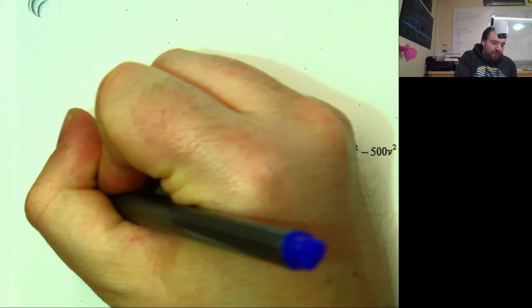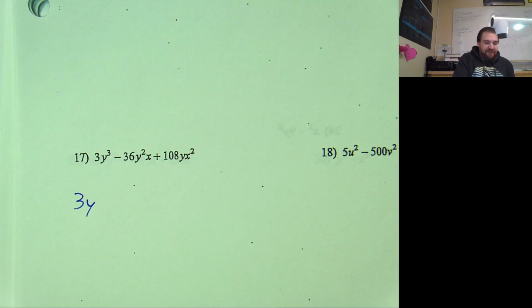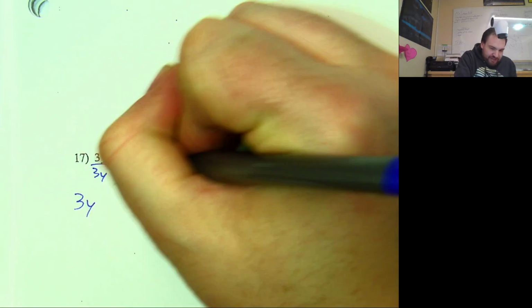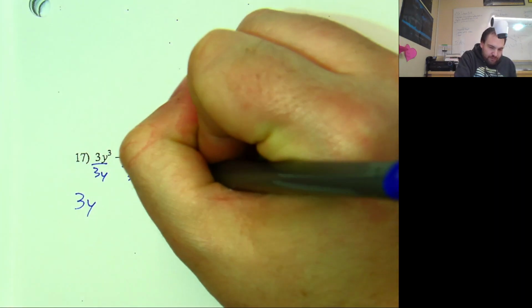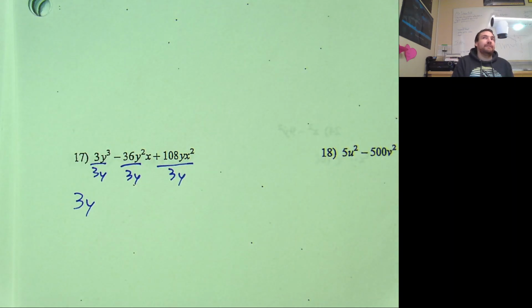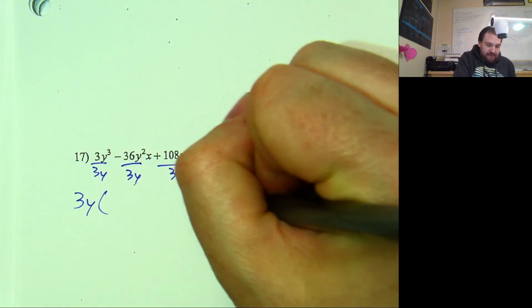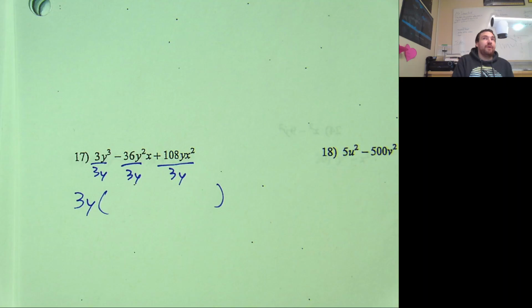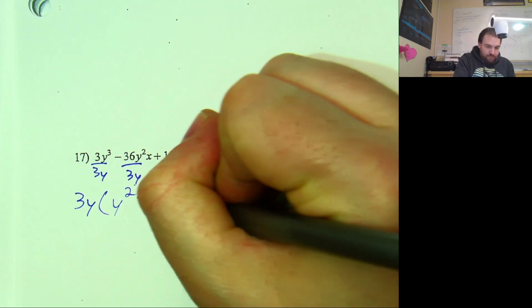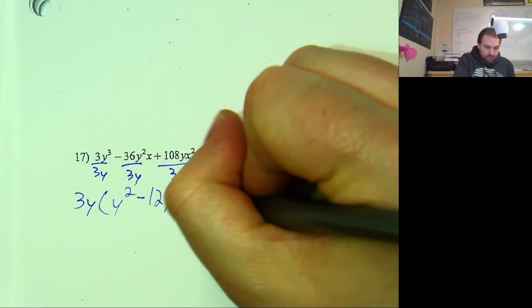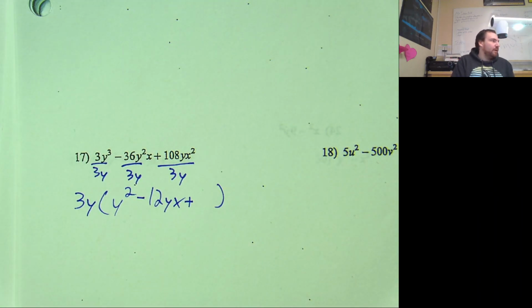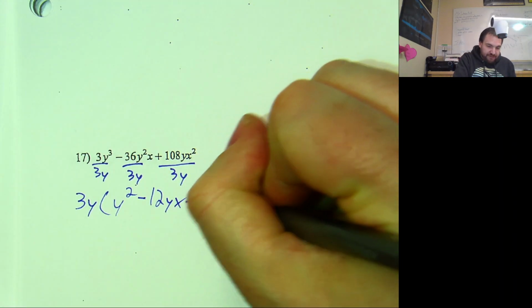So then 3y is going to become my GCF, and I want to divide each one of these pieces by 3y, which is going to leave me with what? 108 divided by 3 is 36, x squared.